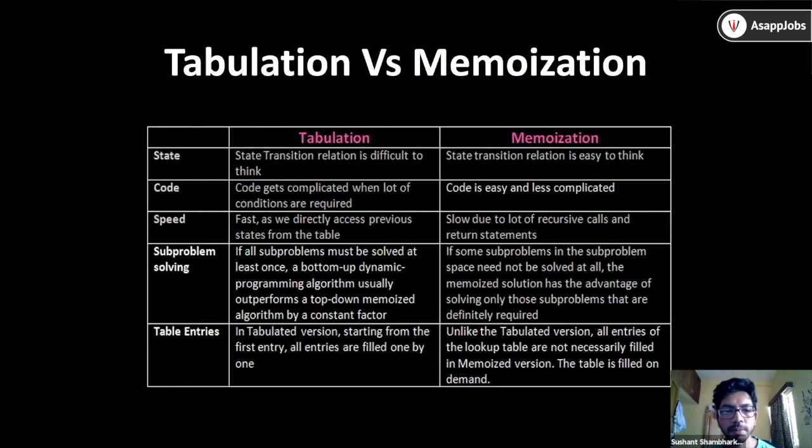Regarding speed, the tabulation method usually works faster because it doesn't use recursion. It can use recursion, it depends on how you implement it, but the tabulation method usually does not require recursion to fill the whole table. While in memoization, you will use recursion and keep on filling the table as you get some input.